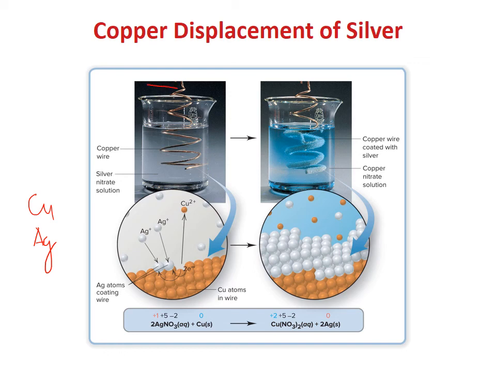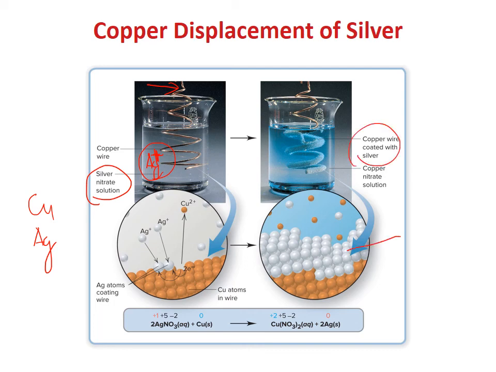When a copper wire is placed inside the silver nitrate solution, which contains silver ion, copper will reduce the silver cation to become silver metal, and you can see the copper wire coated with silver.